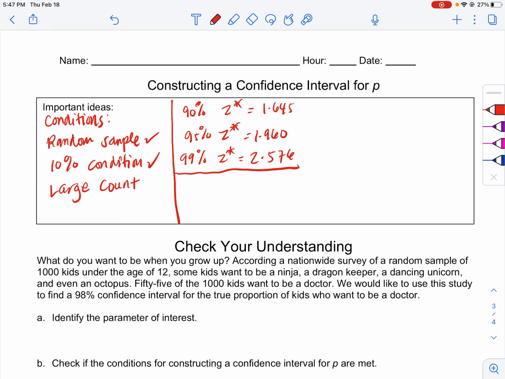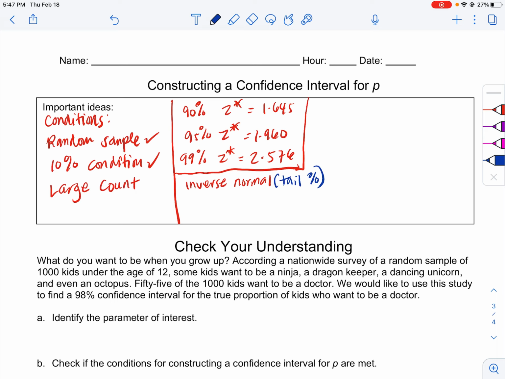But if you want to find the Z star in the calculator, we are going to do inverse normal. And then in the inverse normal, you're going to put the tail percentage. Right? So if you are trying to get the 80%, so the tail of 80% would be 20 divided by 2. And then if you're going to get the 90%, the tail would be 10, 5 on both sides.